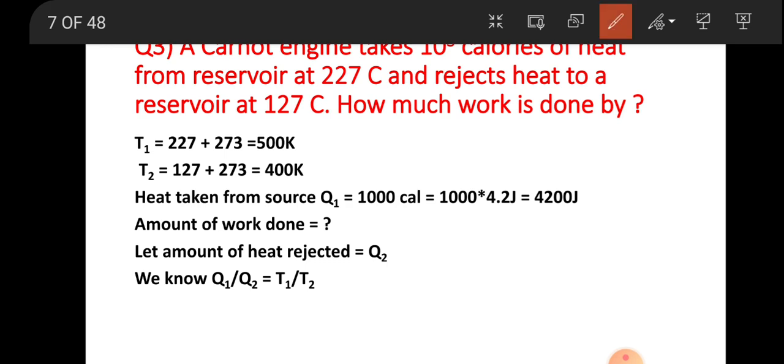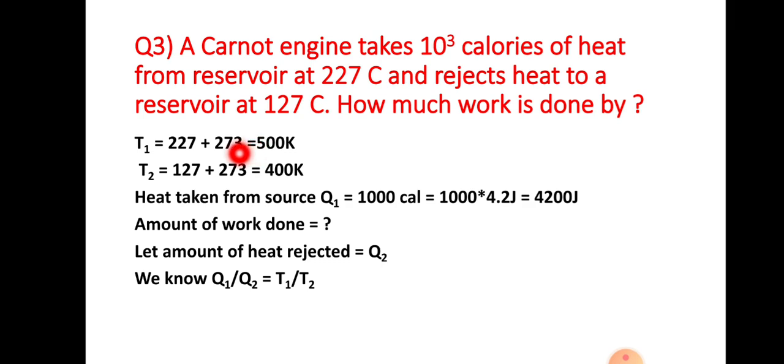At first convert the two temperatures into respective Kelvin temperatures. By adding 273 to the temperature of the source, we get the required Kelvin, and the temperature of the reservoir can also be converted into Kelvin by adding 273. Heat taken from the source, Q1, is in calorie, and after multiplying this calorie by 4.2, we can convert it into joule, and we need to find the work done.